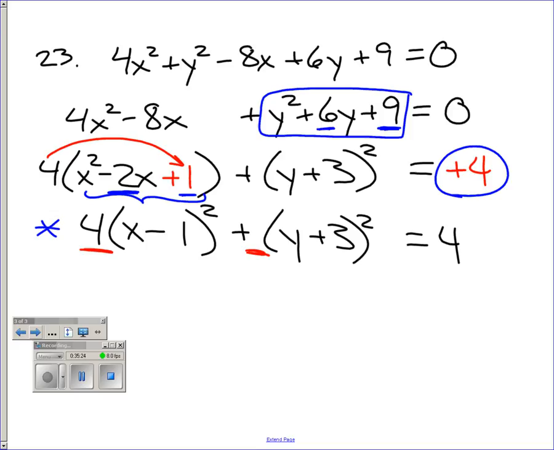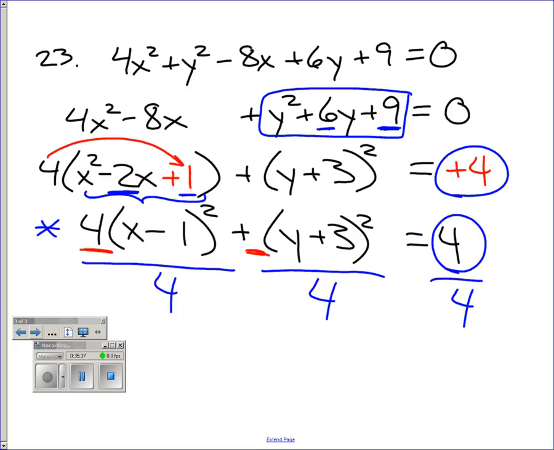Divide by whatever this number is over here on the right-hand side, which in this case is 4. So I'm dividing by 4 here, here, and here. In this case, the 4s are going to divide out. That leaves us with a 1 over here on the right.